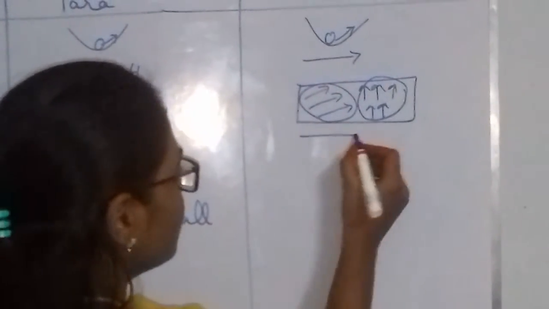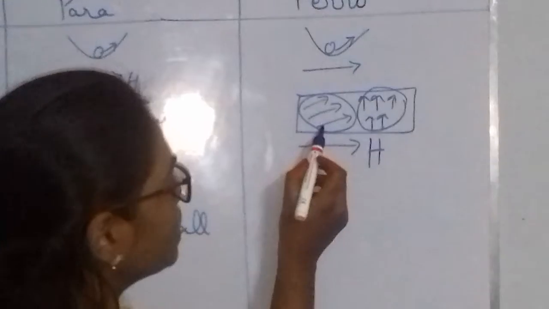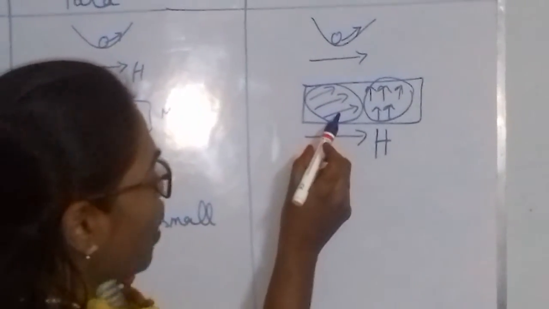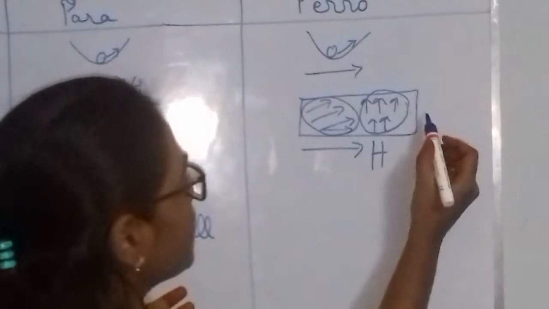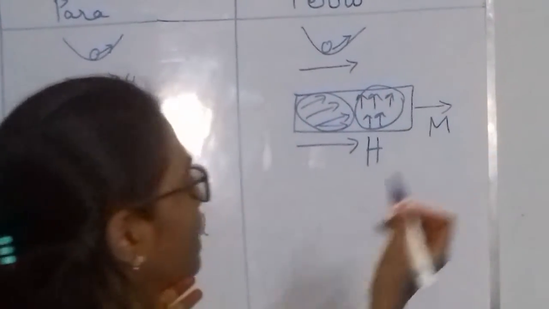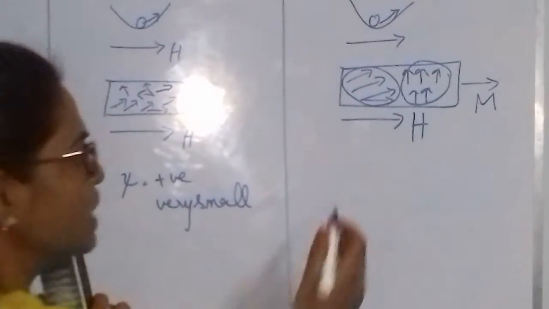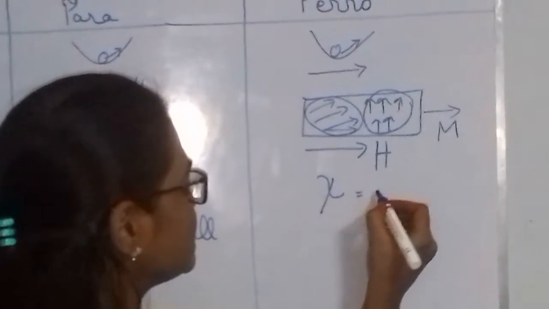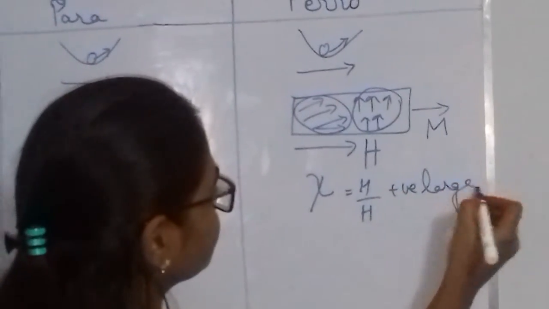Now when a magnetic field is applied, the dipoles turn along the same direction. As a result, the magnetization will be along the same direction as the applied external field. So the susceptibility, M by H, is positive, and it is a very large value.